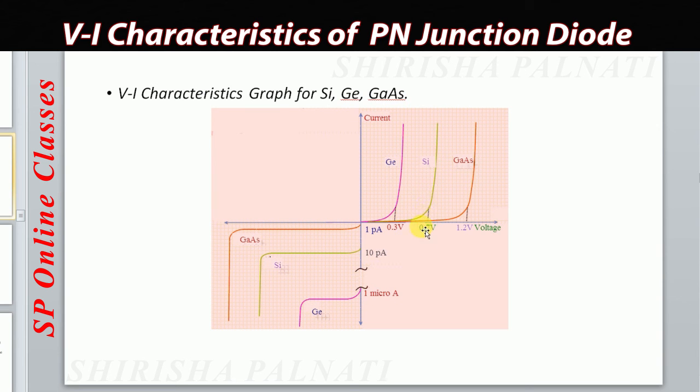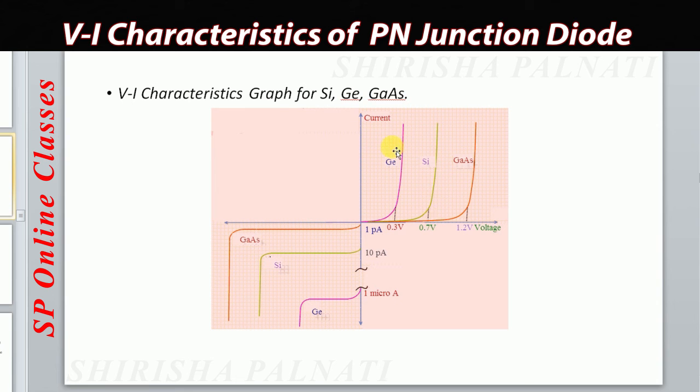This is the barrier of silicon, 0.7 volts, and this is the reverse condition characteristic of the silicon diode. This color represents the silicon diode VI characteristics. This is also called the potential barrier or cut-in voltage.